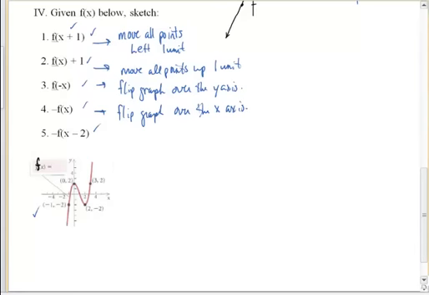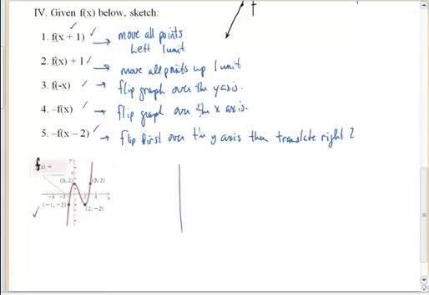And the last one, you want to flip first over the y-axis, and then translate right 2. So we're going to graph the last one.